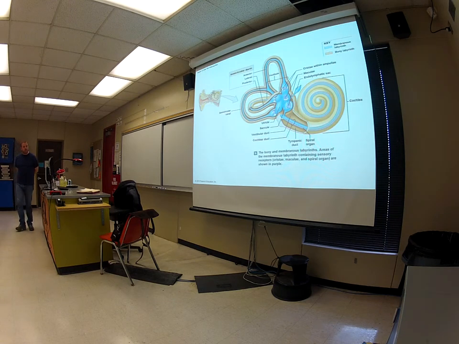Okay? So a closer look, notice that we do have the vestibular duct, the cochlear duct, the tympanic duct, the spiral organ of Corti. Let me say that one more time. In fact, I'll write it on the board for you. It says right there, the spiral organ of Corti.